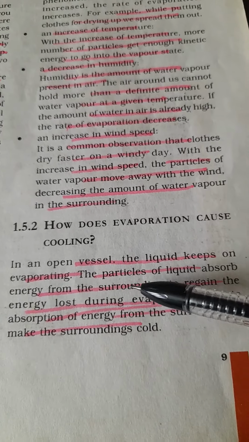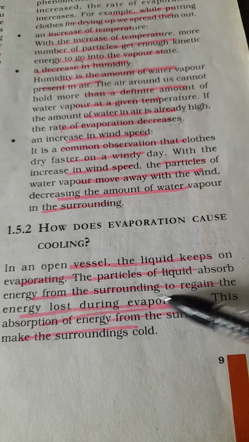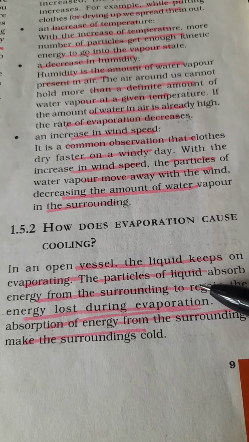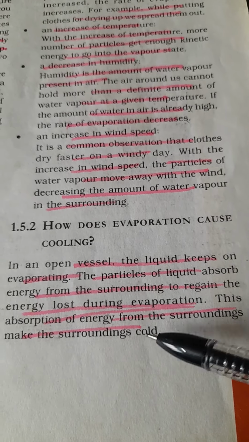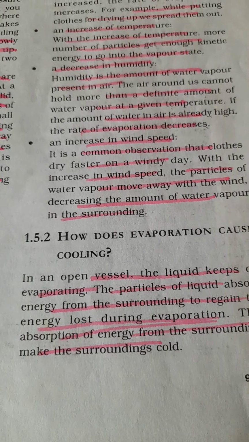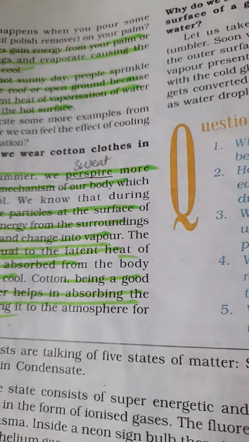Evaporation can also cause cooling. Suppose in an open vessel the liquid keeps on evaporating. The liquid particles absorb energy from the surroundings to make up for the energy lost during evaporation. Because of this absorption of energy from the surroundings, the surface becomes cold.